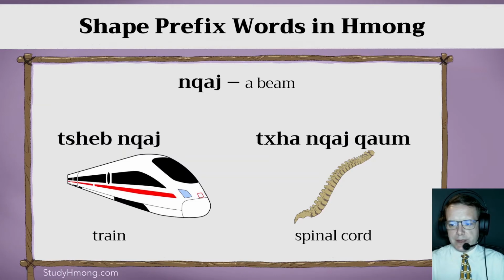On the right hand side, we have ca nqa go. So that first word, ca, means bone, and when you put it together, all three words refers to the spinal column, the bones. Please disregard that word cord. That is a mistake. We're just referring to the spinal column, referring to the bone.